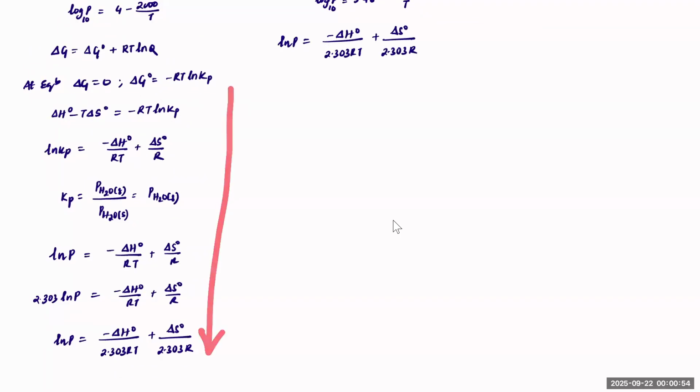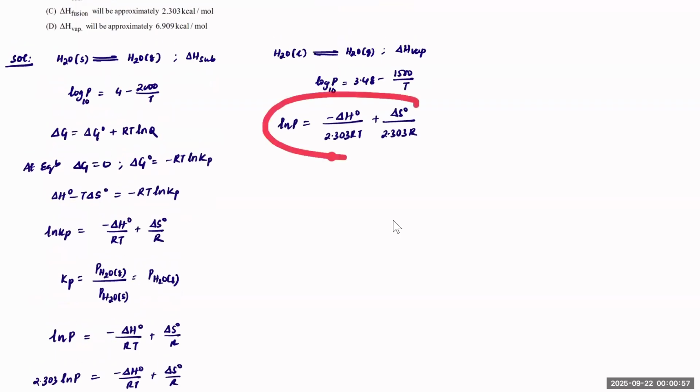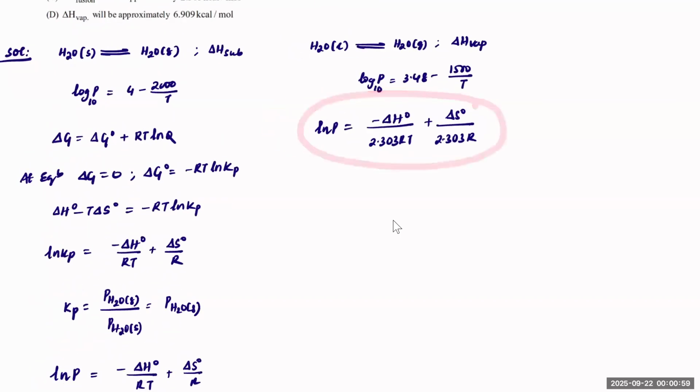So from here, you know that this is what we got, and now I have to just compare these values for both the cases. In the first case, this is about sublimation, right? This is from solid to gas, sublimation.